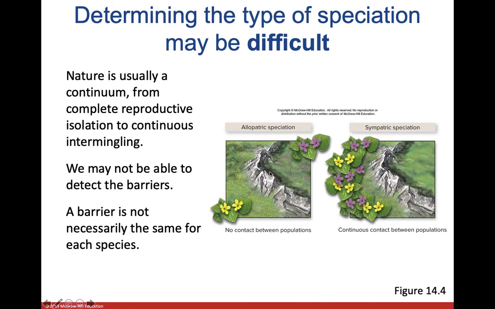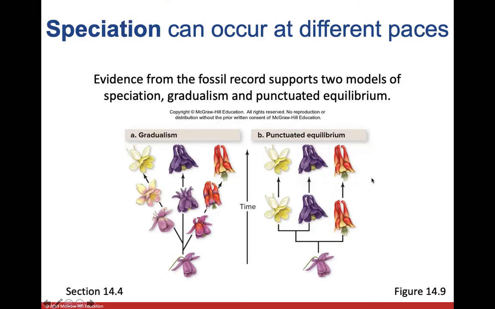It's very difficult to determine sometimes for different species. And just because one species evolved via allopatric speciation, a very similar species to it doesn't have to evolve via allopatric speciation either. So evolution supports two different forms of speciation on two different paces, I should say, how fast it occurs.